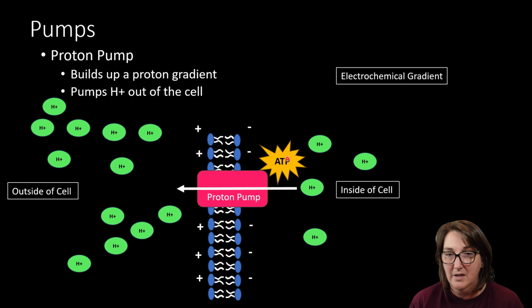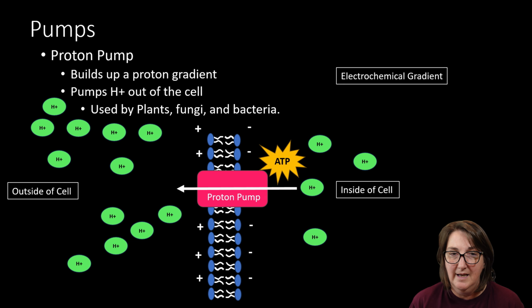ATP is going to come along and pull these hydrogen protons through this pump. These do not want to be here. Remember, they want to come this way, but this pump isn't letting them. It's going to take these and pump them through. These protons are going to be attracted to this negative charge, so they're going to stay around this membrane.